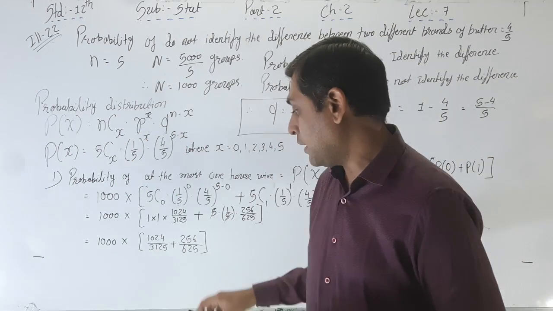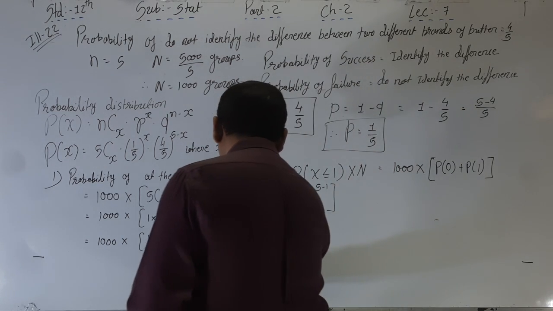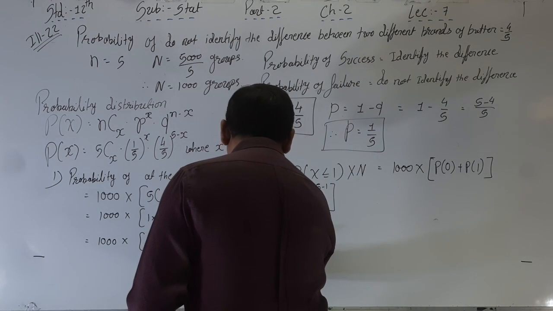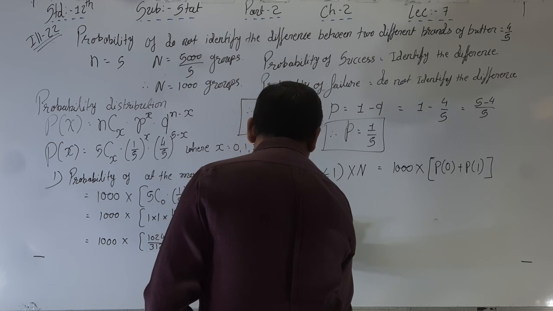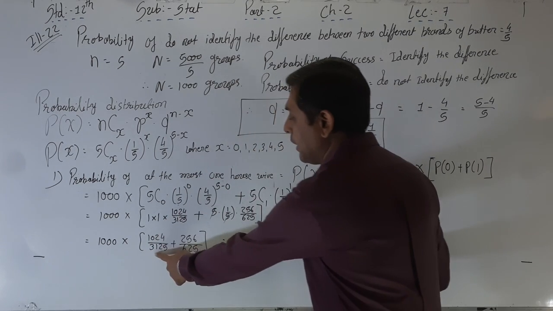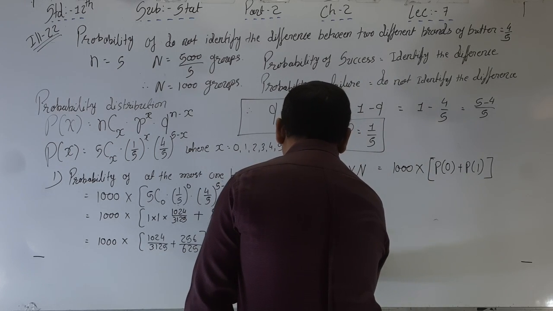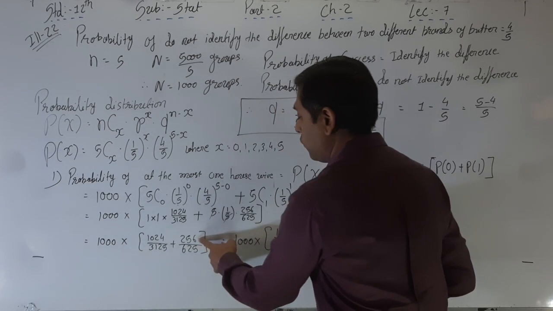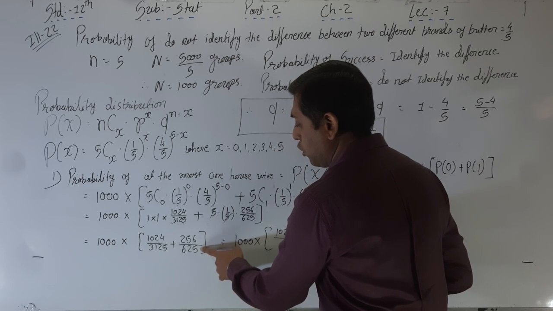First of all, take the LCM, 3125. I am writing here 1000 into 1024 plus 5. If we take the LCM as 3125, then we have to multiply by 5 in the numerator and the denominator, right?